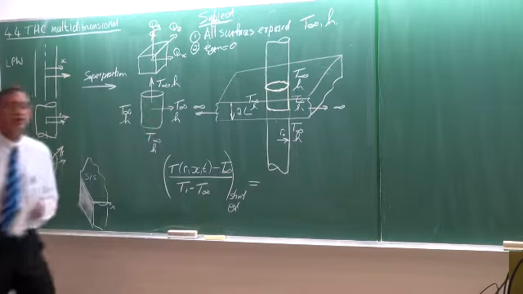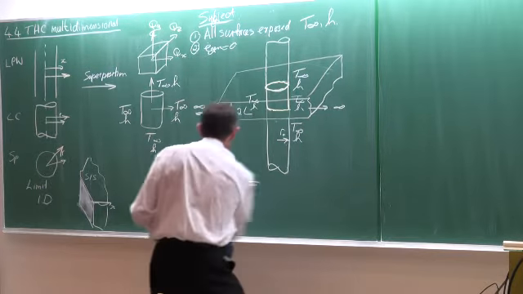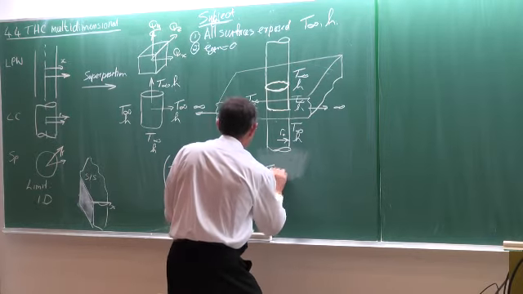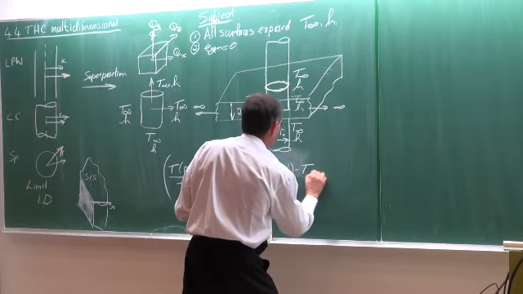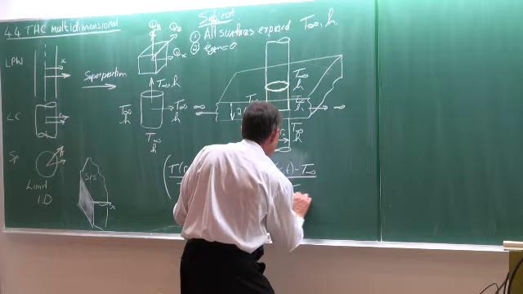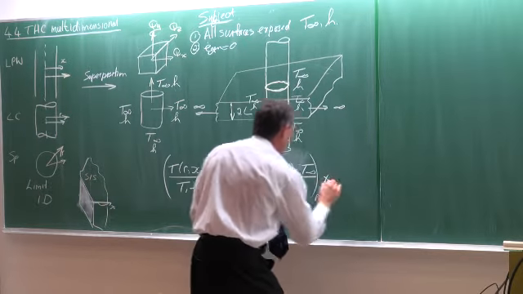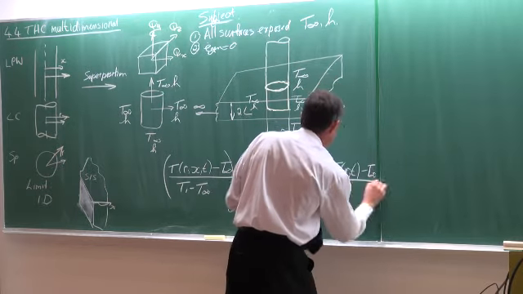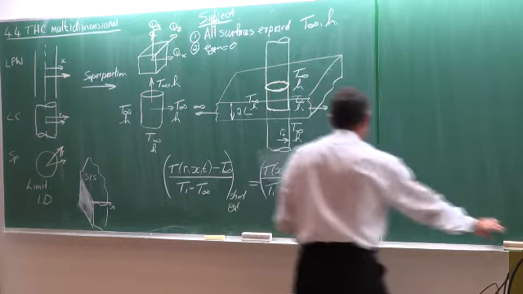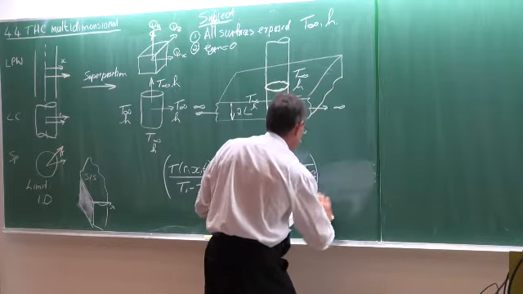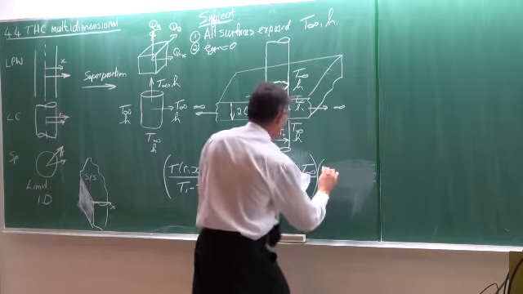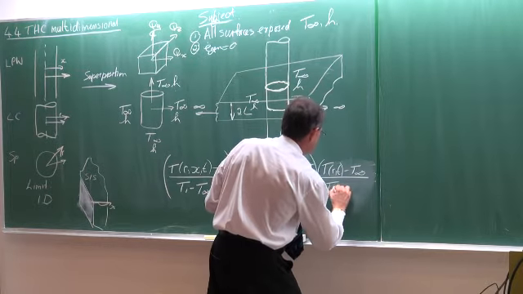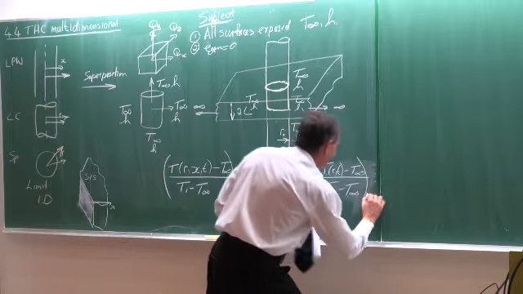For the short cylinder, the solution of that is equal to the solution for the plane wall multiplied by the solution for the long cylinder.